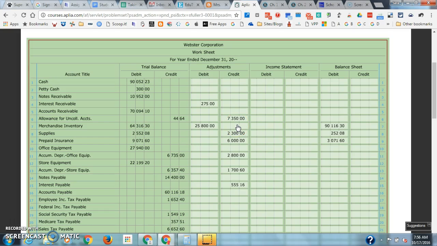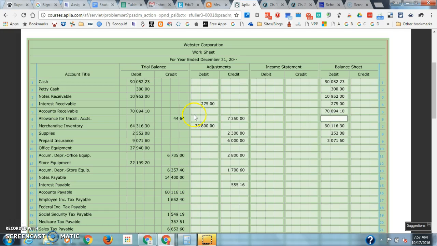Okay, so our first accounts are all balance sheet accounts. If we don't have an adjustment, it's pretty easy. You're just bringing over the same amount. So debit, $90,052.23, $200, $10,952, $275, $70,000, $94,200.